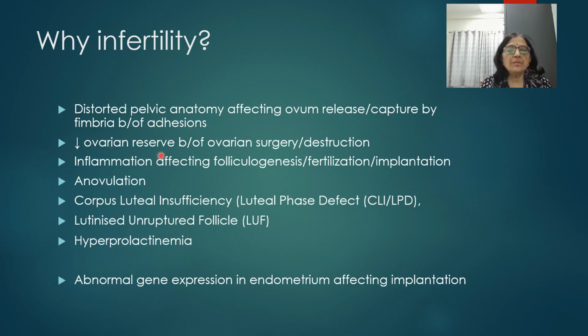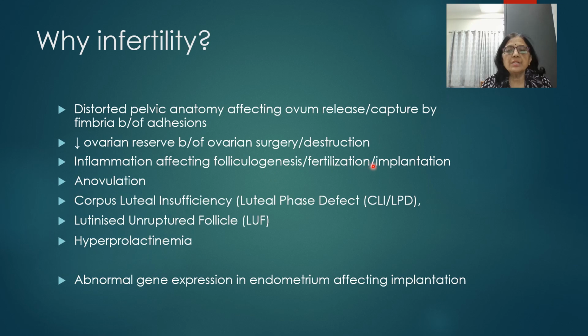Decreased ovarian reserve is commonly seen in patients with endometriosis, and it is usually because of previous ovarian surgery, such as removal of endometrioma, or because of the destruction of ovarian tissue by the endometrioma. There is a chronic inflammatory condition, and this inflammation affects the development of the follicle. It hampers fertilization, and it affects the implantation also.